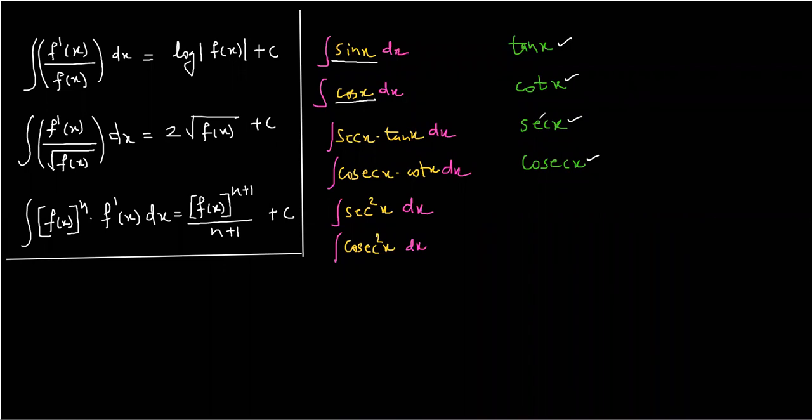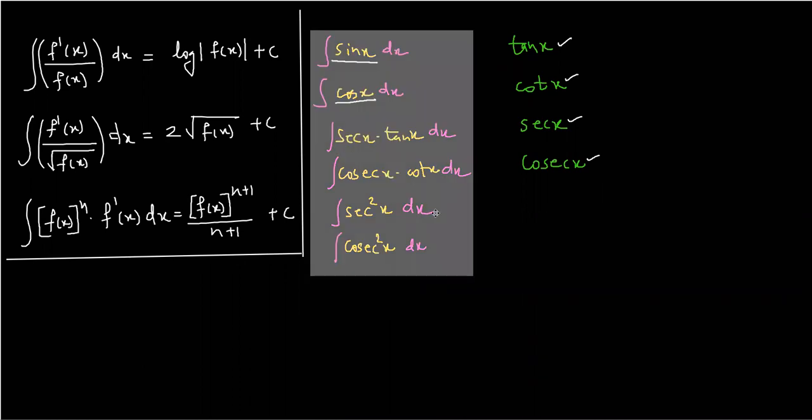Now, if you want to know the reason that we could not integrate these, the reason is very simple, that we obtained the integration of these functions using the definition. And if you remember, the definition was based on derivative.